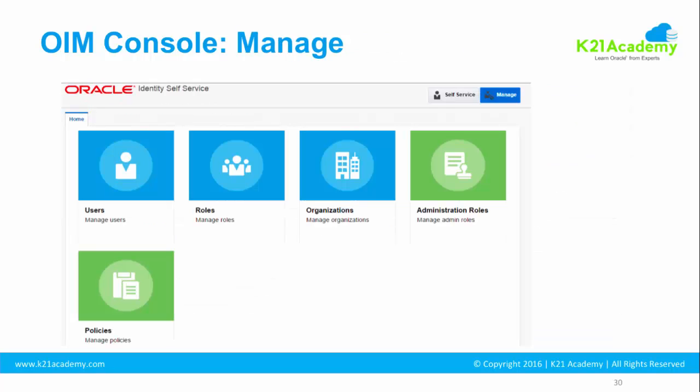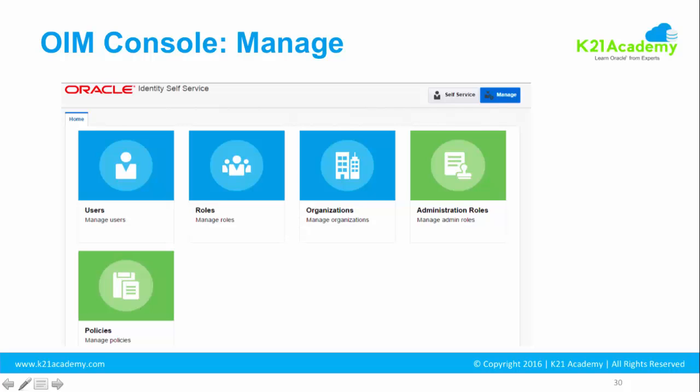Then the second tab within the identity console is for manage, and this is for managing other users or roles or organizations or other administrative roles and policies. What a policy is, we'll cover in subsequent modules. But for users, you know what a user is or what a role is or what an organization is.